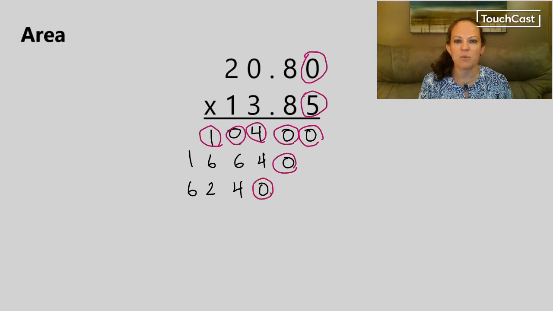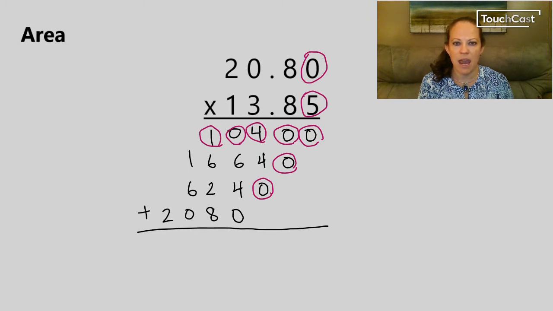And last but not least, we'll do our 1 in the 13.85 multiplied by everything in our top row, and I'm going to get 0, 8, 0, and then 2. And we're going to end up adding these, but not before I go mark. Once again, 1 times 0, that 0 is uncertain, gives me something uncertain.